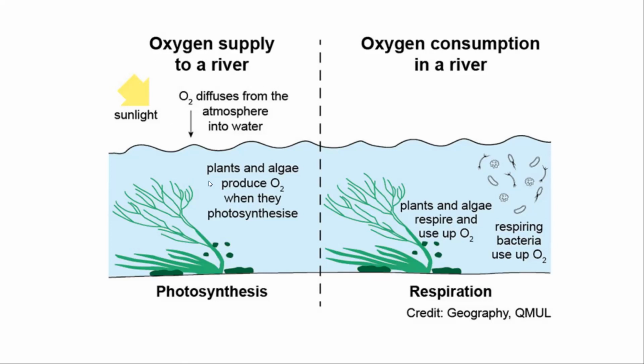And the way oxygen gets into the water is essentially through mixing with the atmosphere. So we've got oxygen in the air, it's just going to mix in with the water itself. And then in addition to that, when these plants, the algae and things like that, perform photosynthesis, they're going to produce oxygen as well.